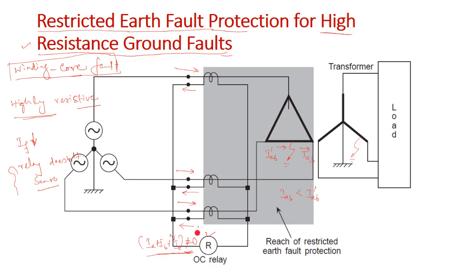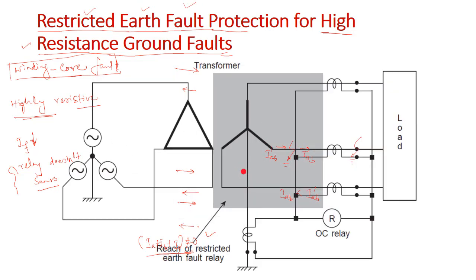So therefore it has some magnitude, and your overcurrent relay will sense that magnitude and give the trip signal to the circuit breaker. So this arrangement is for the high resistance ground fault protection, which is restricted to the delta side, right? Therefore it is called restricted earth fault protection, right?